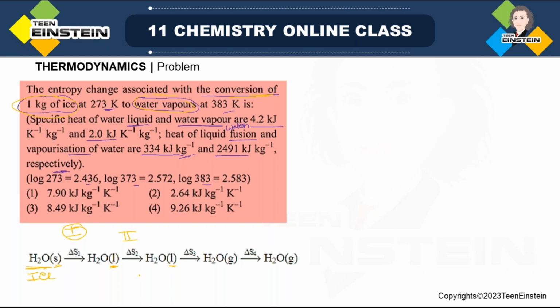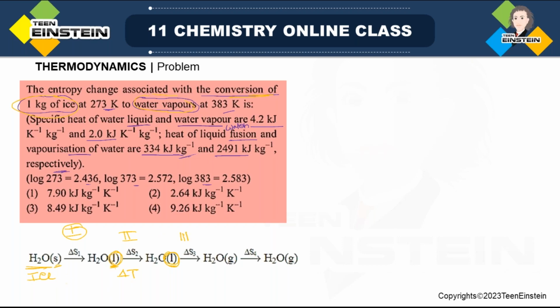But for the second step, temperature we are increasing. This is a little confusing, so when we see the expression, it will be clear. Here, as the physical state is the same, that means some temperature change is involved. In the first case, no temperature change is involved.